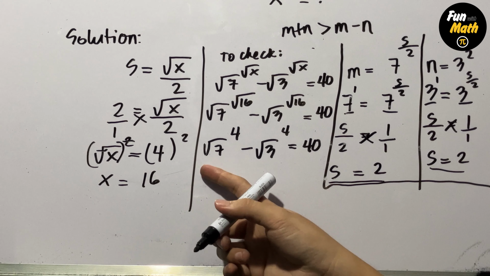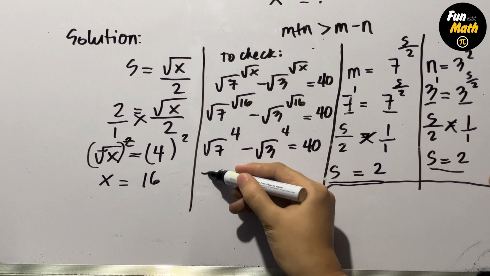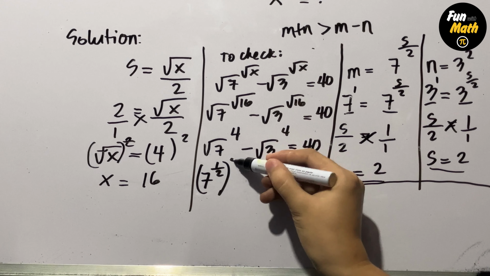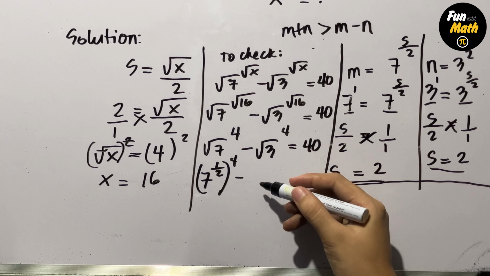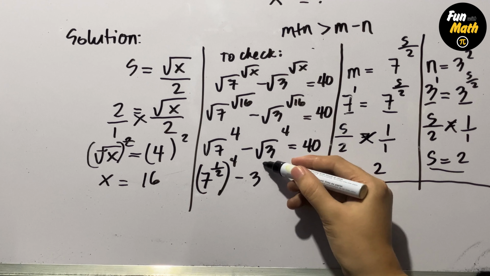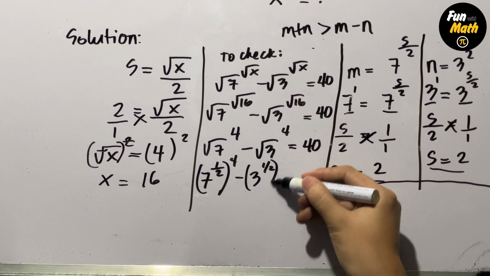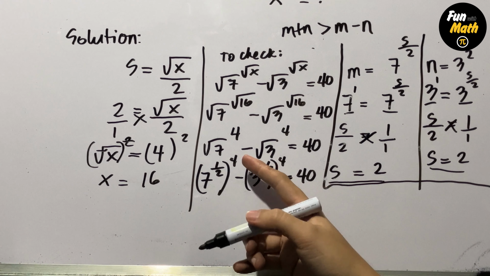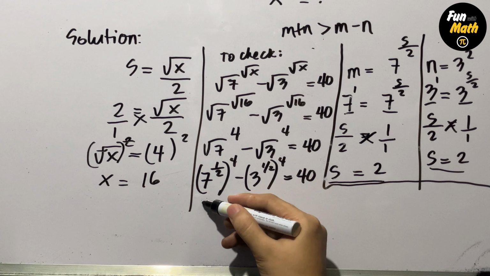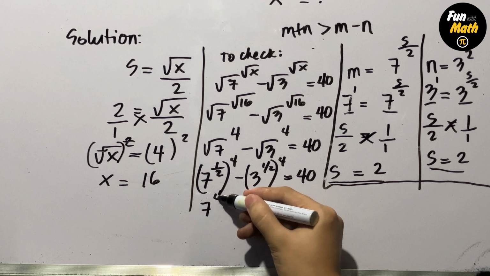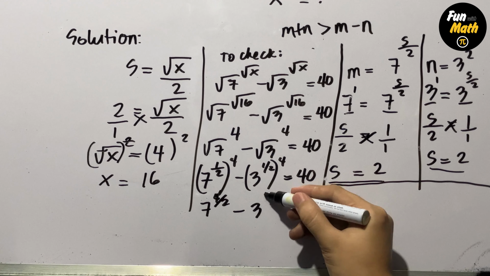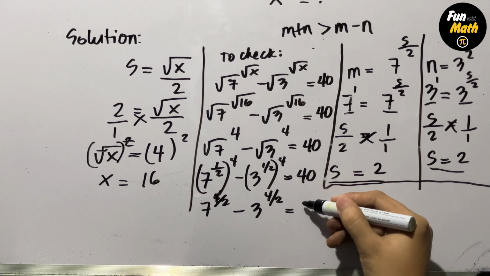Now let's write square root of 7 as 7 to the power of 1 half, then whole to the power of 4, minus this one also, that is 3 to the power of 1 half, whole to the power of 4, equals 40. Next, power to a power, let's multiply. That is now 7 to the power of 4 over 2 minus 3 to the power of 4 over 2 equals 40.